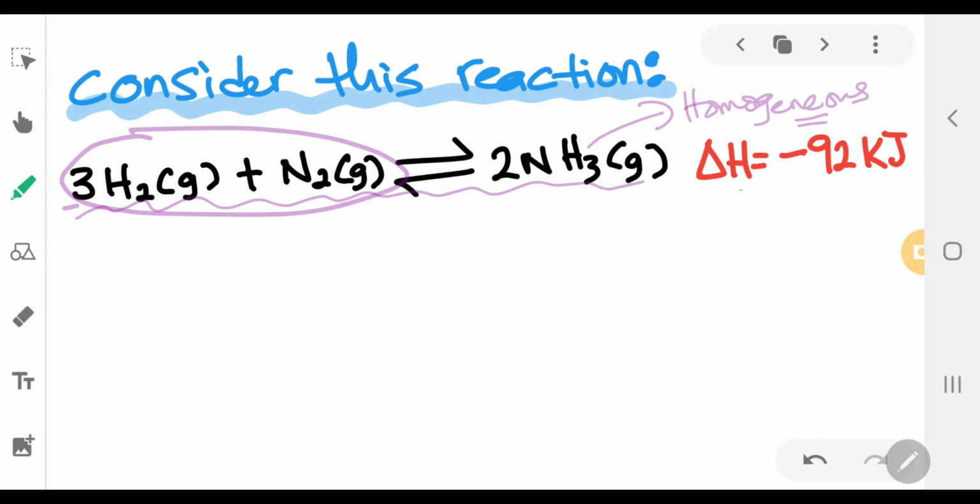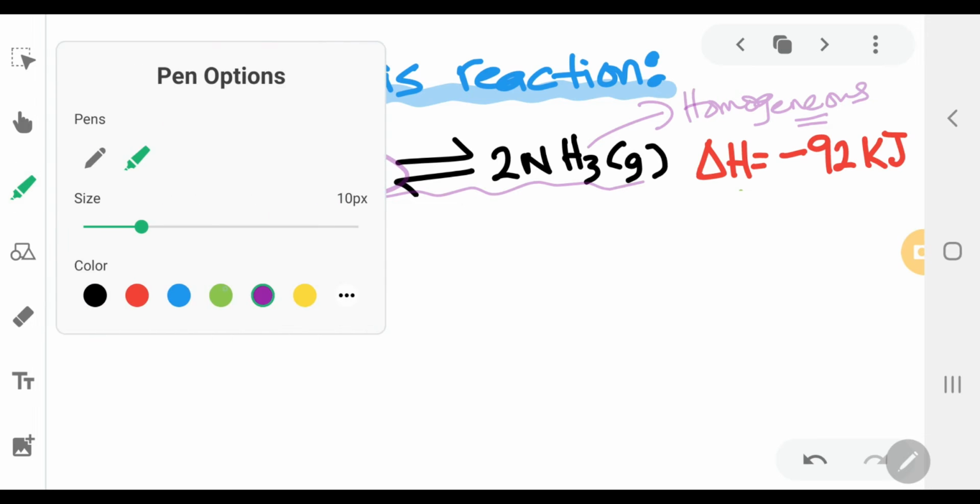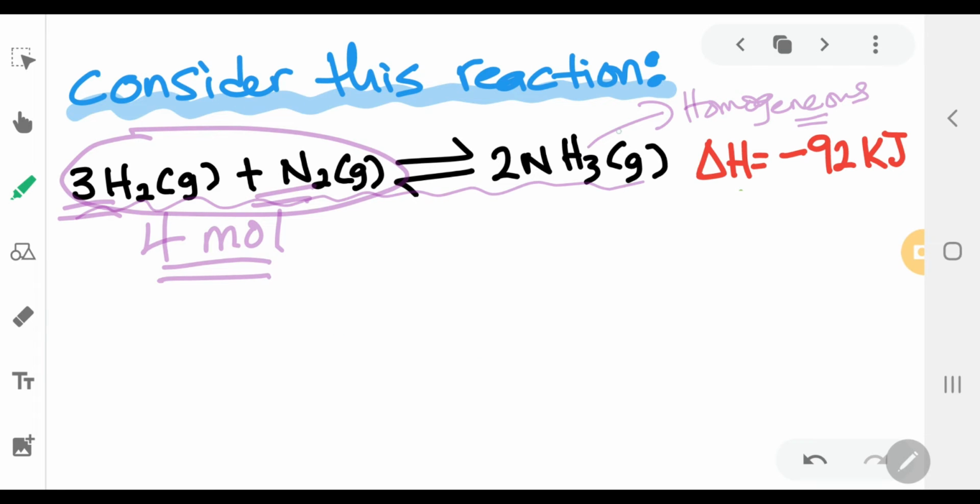We have 3 plus 1, so 4 moles on the reactant side. And on the product side, we have 2 moles.